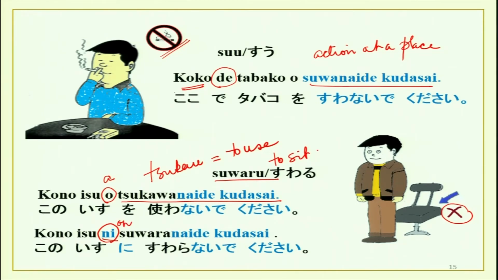On the chair and a chair or a thing. So you will use something and sit on something. That's the difference. So kono isu ni suwaranai de kudasai. And don't write kono isu no naka ni, because naka ni will mean that you will go inside over here, not on the chair, in the chair.